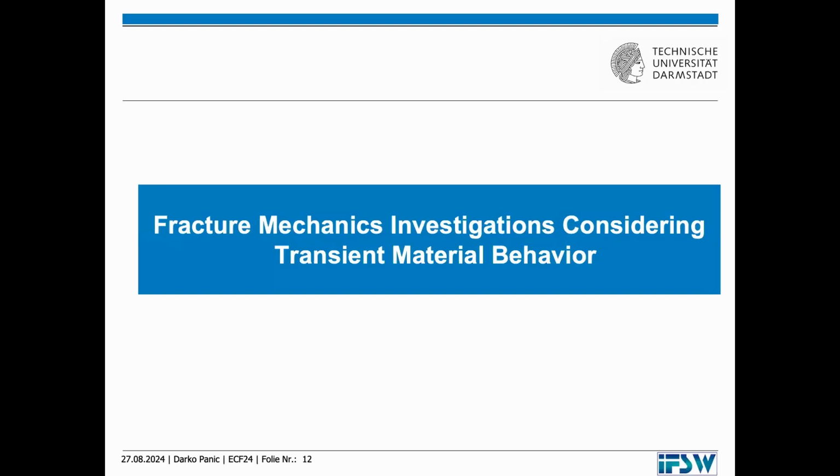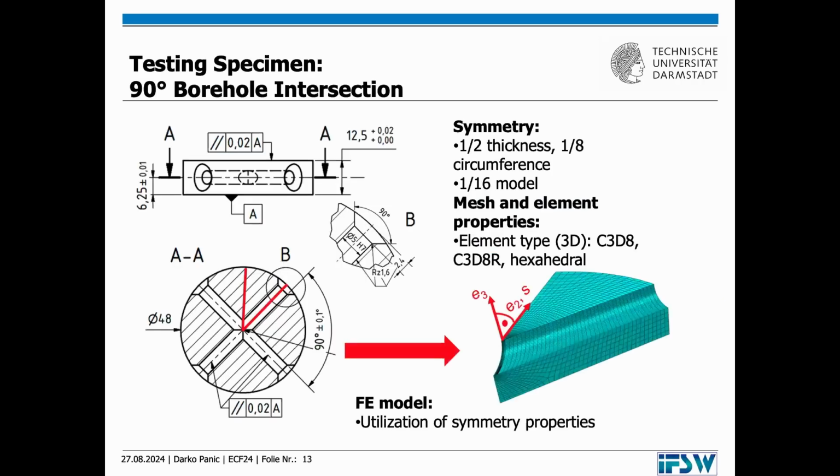Now, to give you an idea what the examined specimen looks like, this illustration is provided. On the left, we see the sample's cross-section views, detailing its dimensions and tolerances. Our finite element model, of course, shown on the right, takes advantage of the sample symmetry to simplify the analysis.